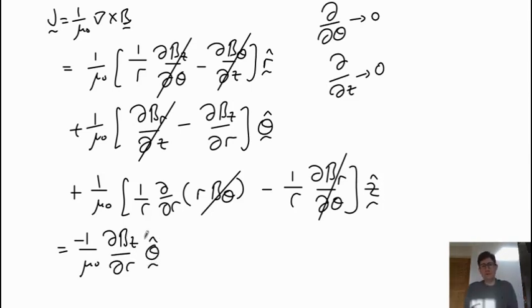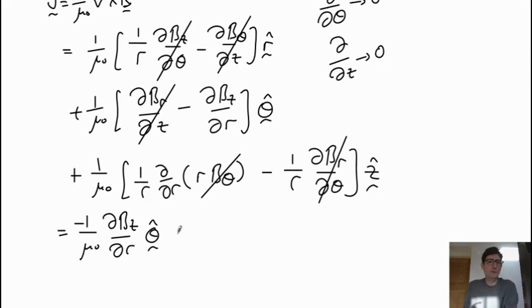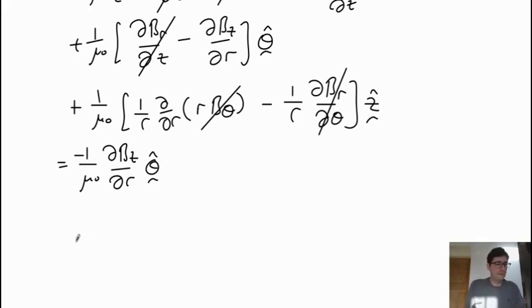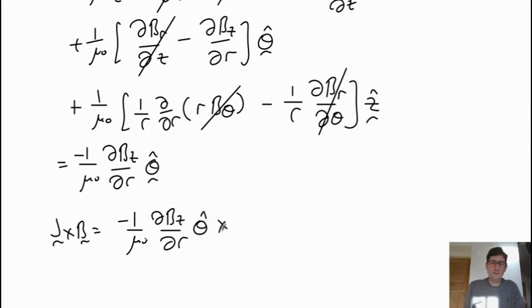So a current running around in theta, with a magnetic field down the axis of the machine, is going to provide a radial force which will balance the pressure gradient. We can write down that J cross B equals minus 1 over mu naught dBz by dr times theta, crossed with Bz in the Z direction.